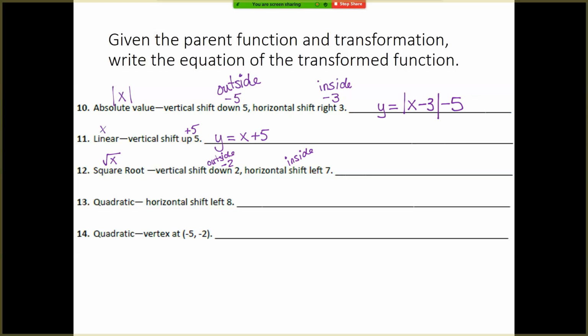So if I'm going left, normally it's negative, but since it's inside, I've got to write +7 on the inside. So for my equation, y equals the square root of x, and then on the inside, I need +7. On the outside of my square root, I need -2.